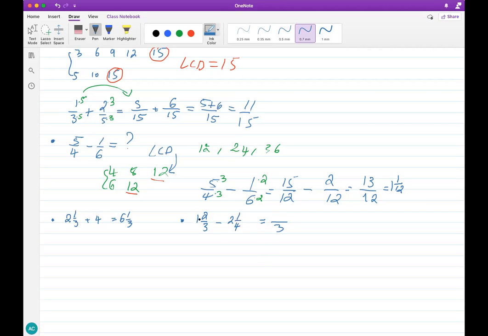How do you turn a mixed number into an improper fraction again? 1 times 3, and we add 2. 1 times 3 plus 2 minus, same thing here. What is the fraction of this mixed number?